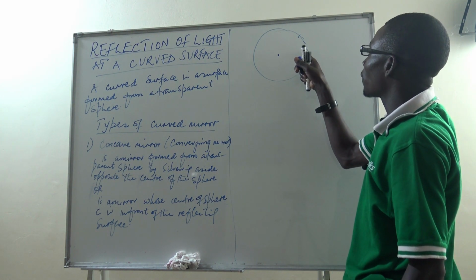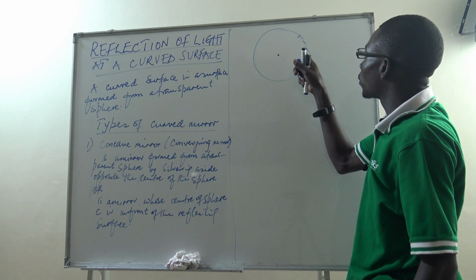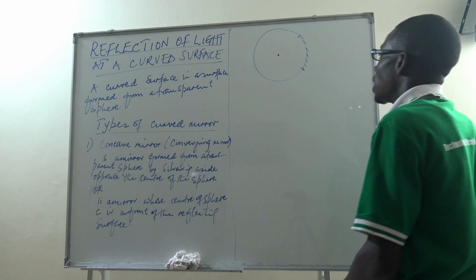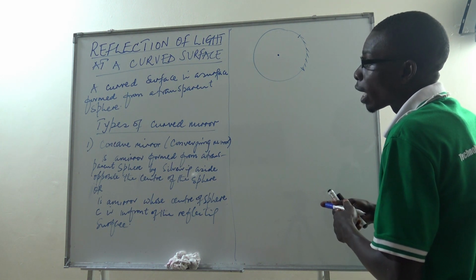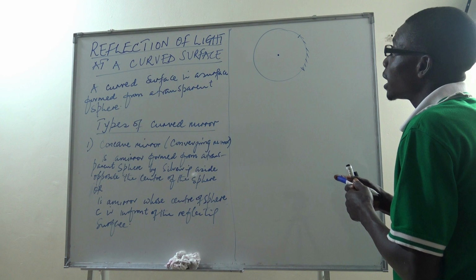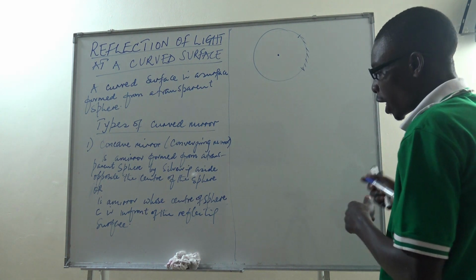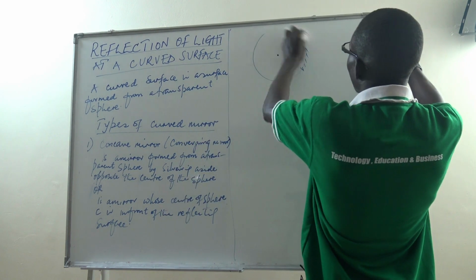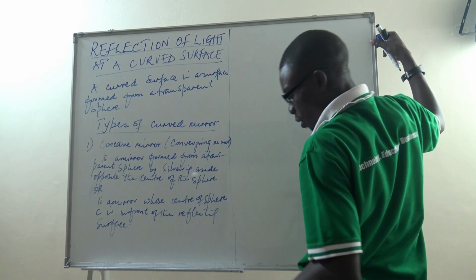Therefore, the center of the sphere is now in front of the reflecting surface. If we happen to do that, we call that a concave mirror or a converging mirror, in that all the rays coming to it are converged to a common point. So we can have a simple sketch for that.